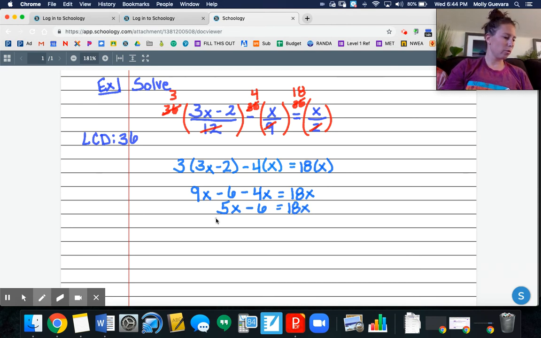So I'm going to subtract my 5x to the other side. Negative 6 equals 18 minus 5 is 13, so 13x. I'm trying to get that x by itself, so I'm going to divide by 13. So I get x is equal to negative 6 over 13. And that fraction does not reduce because 13 is prime.